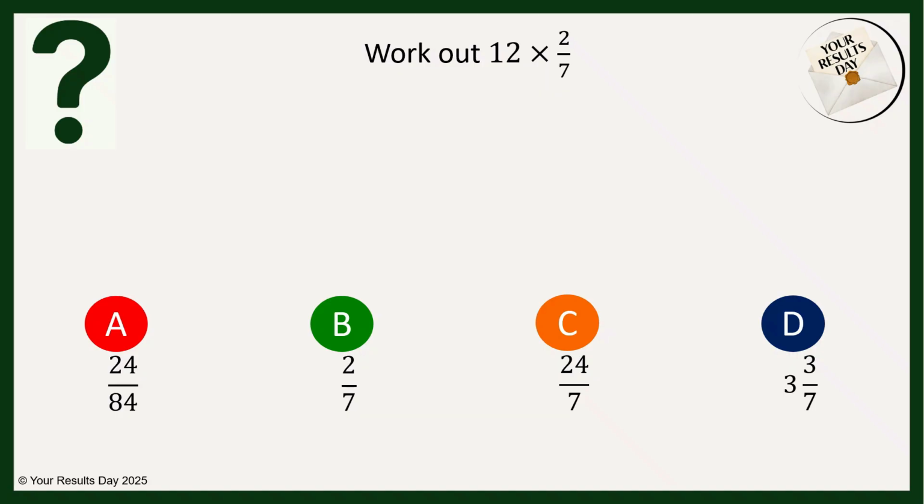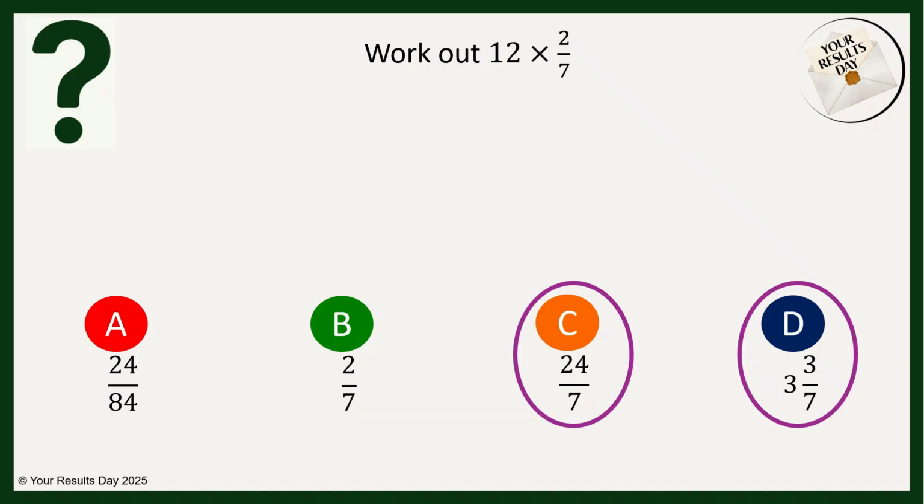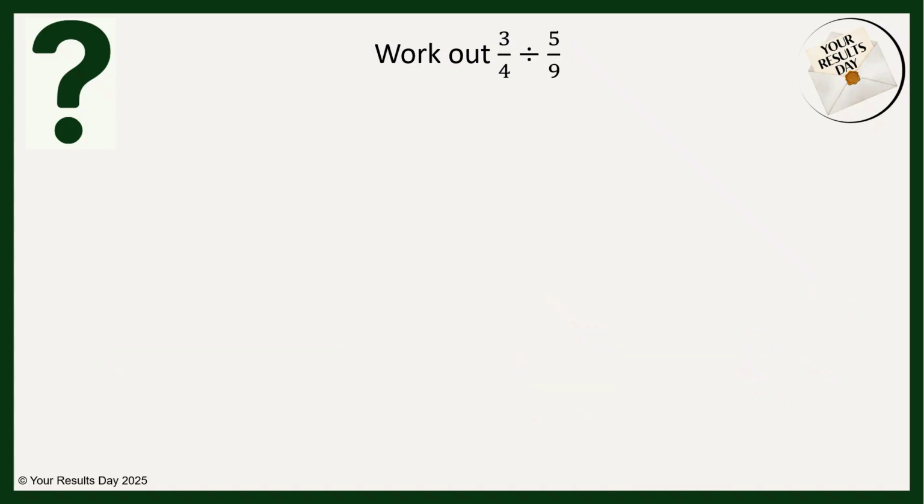If you said C, that would be correct. And then if you wrote it as a mixed number, that would have been D. So either of those answers are correct.